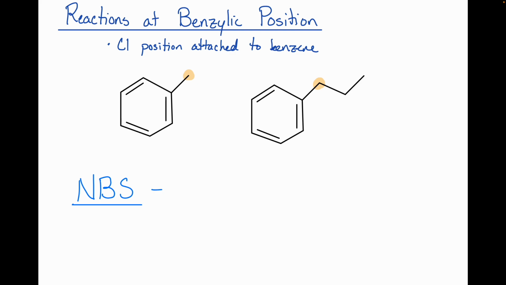NBS you would have learned about with regards to alkenes. It would have stuck a bromine on the allylic position of an alkene. For this case, it's going to do the same thing, but to that benzylic position. So we're going to call these reactions benzylic brominations.